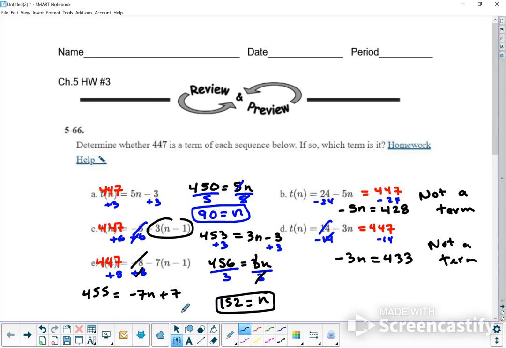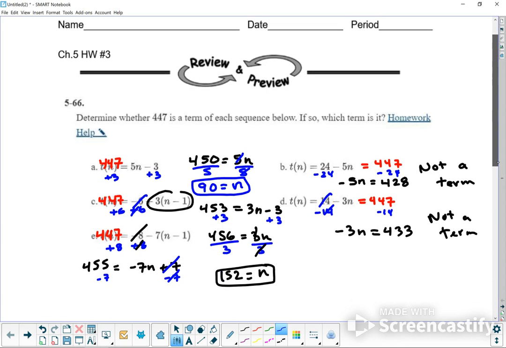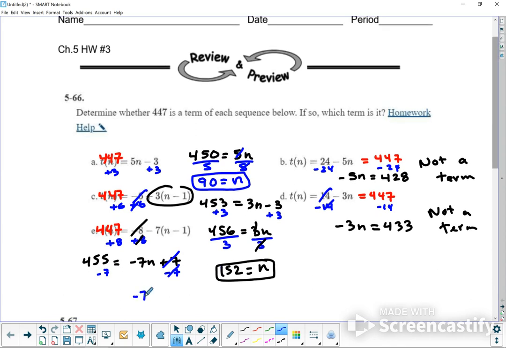Then I'm going to subtract 7, so I will get negative 7n equals 455 minus 7, which gives us 448.